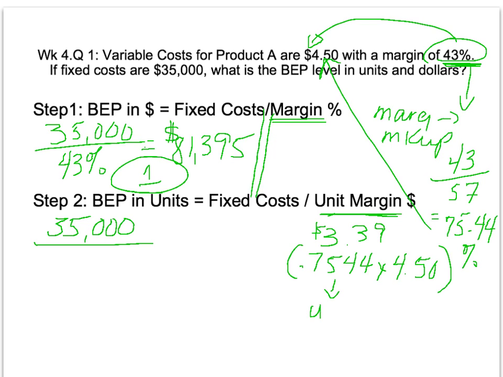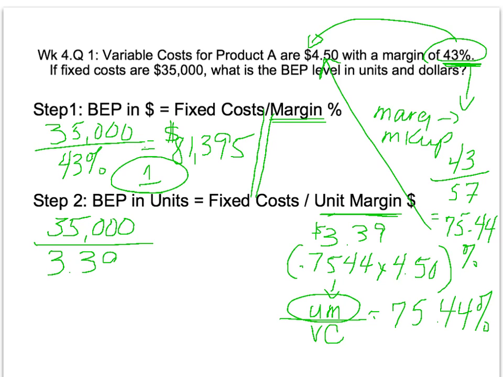Because you know markup is unit margin divided by variable cost, which is equal to 75.44%. So all we're doing is solving for UM here. Okay, so now we've got our unit margin of 339, and we get break-even in units of 10,324. We have to sell that many to break even.